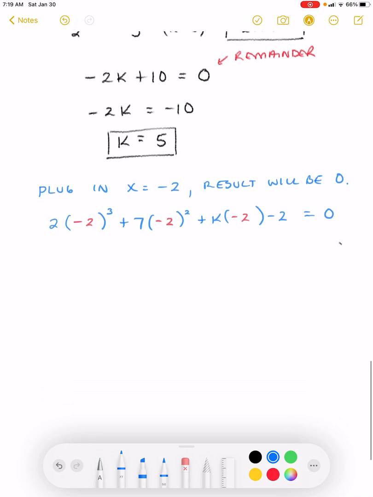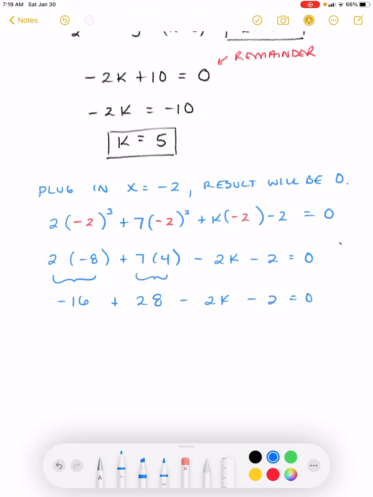So let's see what would happen if we solve this. Well, 2 times -2 cubed is -8. 7 times -2 squared is going to be 7 times 4. This is going to be a minus 2k minus 2 equals 0. So let's keep going. Negative 16 plus 28 minus 2k minus 2.